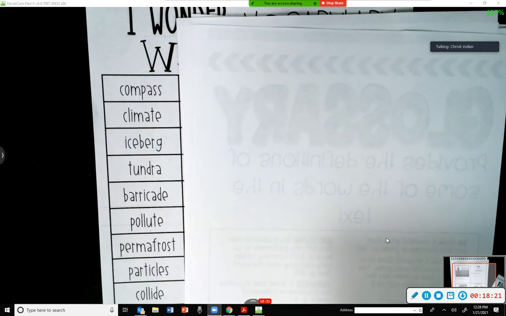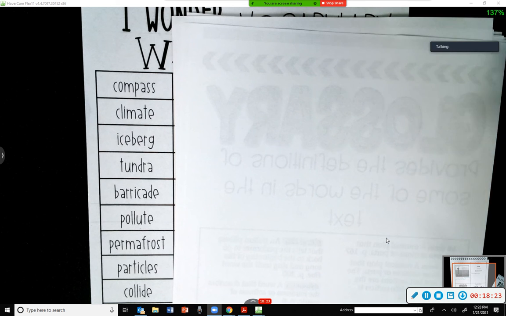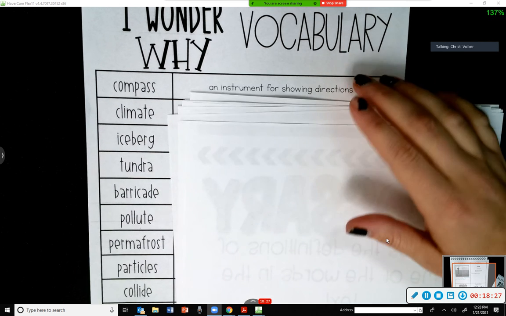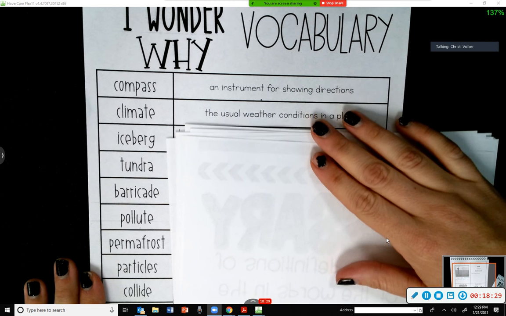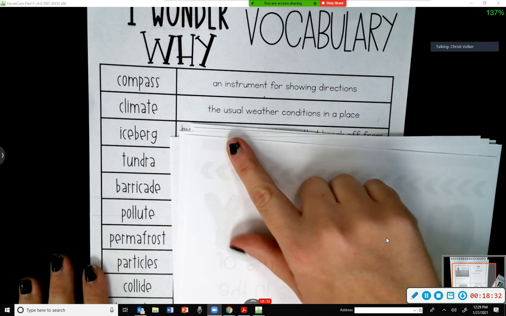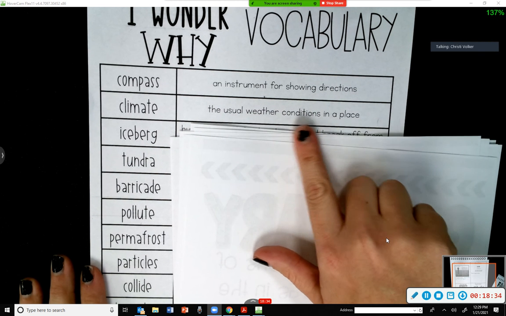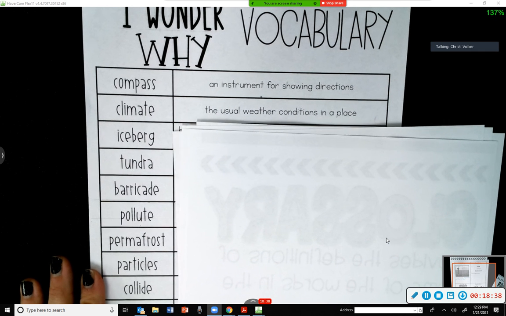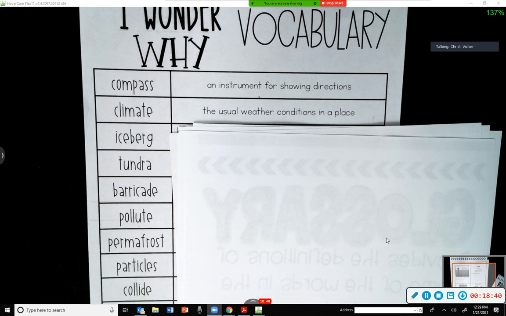What do you think that means? No. It actually is talking about weather. Weather over a long period of time. So climate, the usual weather conditions in a place. Okay, not just the day-to-day weather, but how it is over a long period of time.